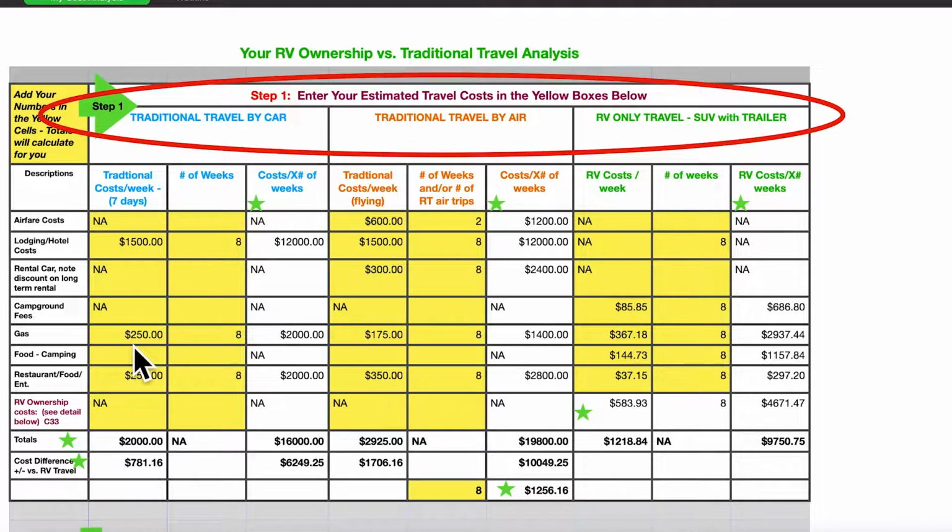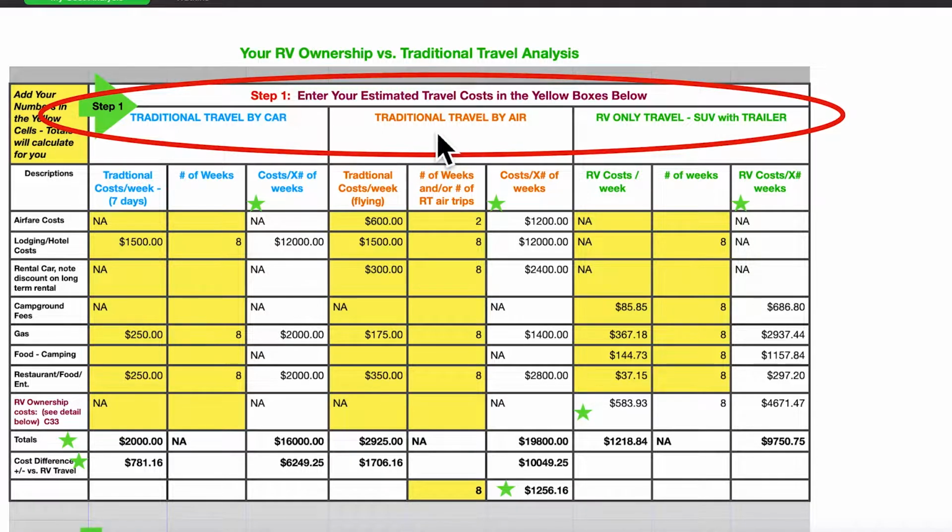So what you will enter here are your weekly cost. The next column is the number of weeks we'll actually be traveling. So if you're traveling 8 weeks, 5 weeks, 6 weeks, you'll want to enter the number of weeks you're traveling. This column, as indicated with a star, calculates your expense times the number of weeks you're traveling. Then we have a bottom line total for the trip.